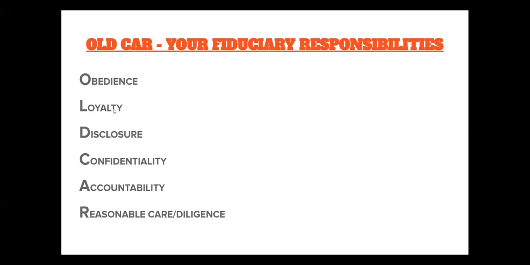Okay. Loyalty. You have to stay loyal to your client. If you are a listing agent, you can't betray your seller's confidence and trust. Okay. If your seller told you, for example, I want to sell the house for 500, it's listed for 505, and as long as I get 500, it's okay, right?